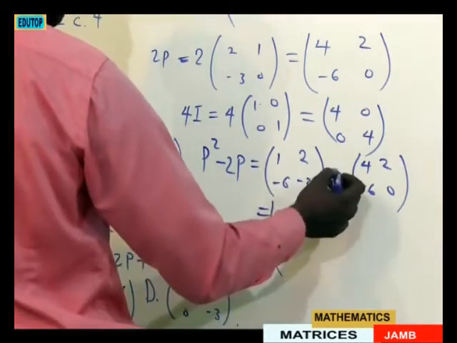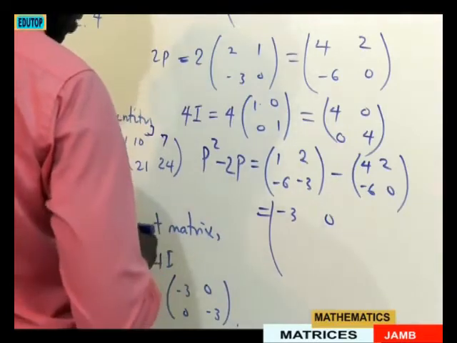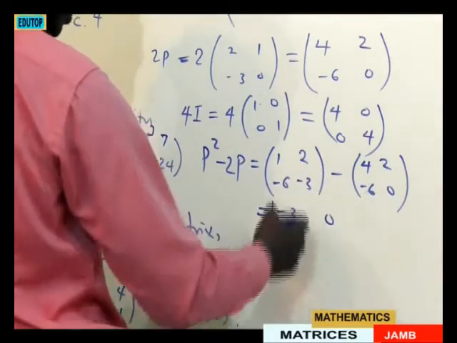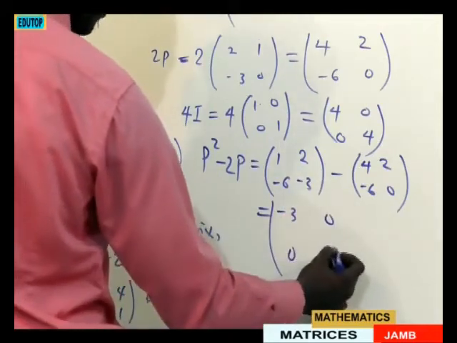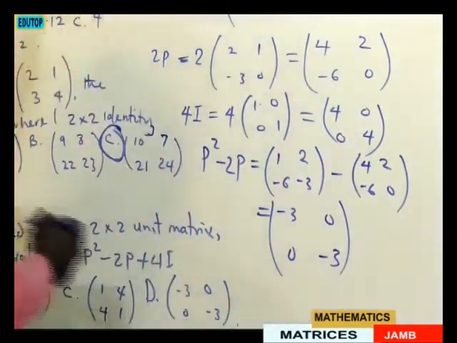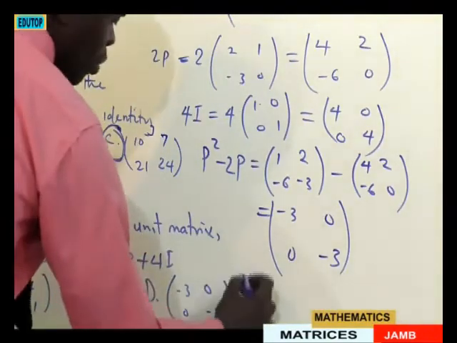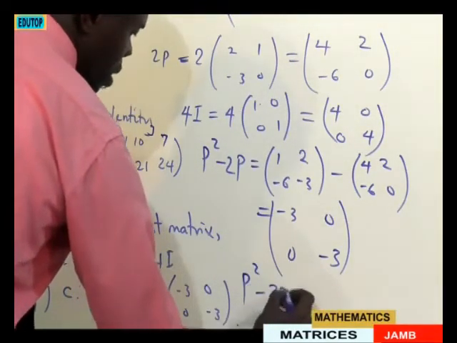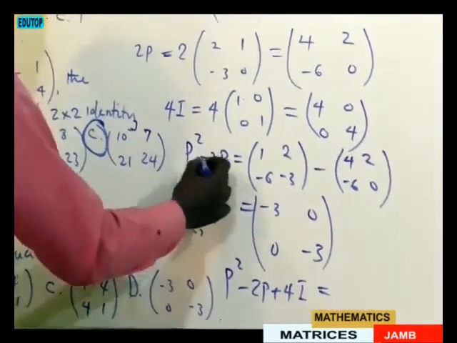Minus 6 minus minus 6, minus times minus is plus, then that becomes 0. Minus 3 minus 0, minus 3. So now to evaluate P squared minus 2P plus 4I, I have solved for P squared minus 2P.